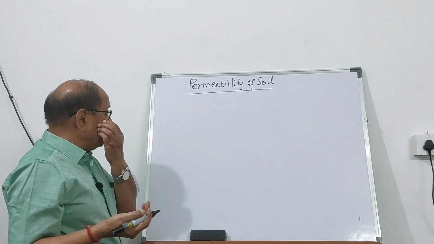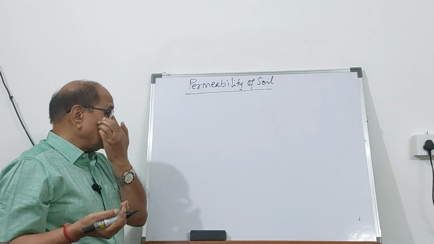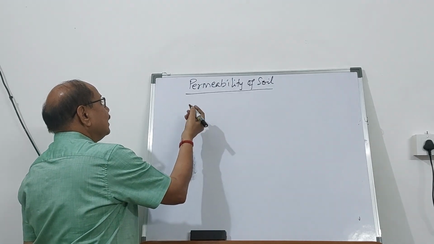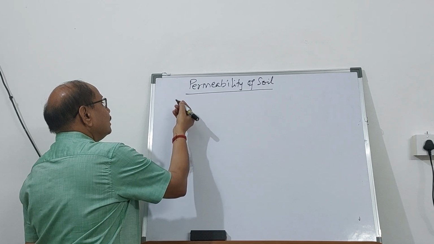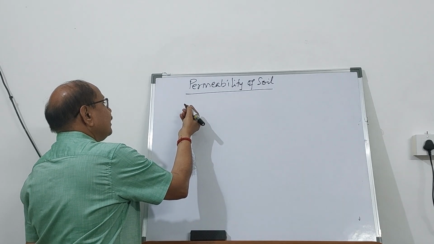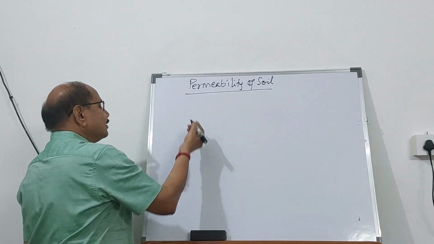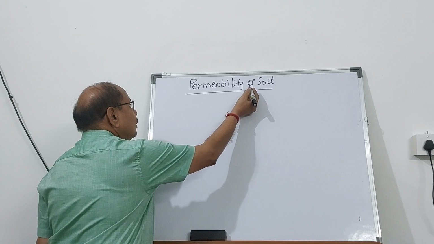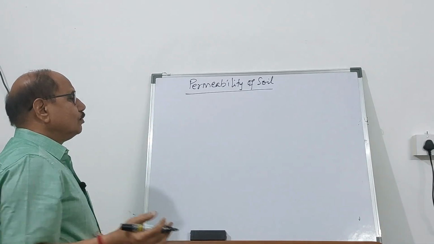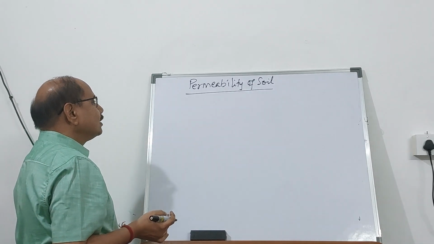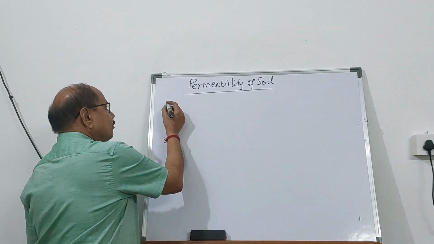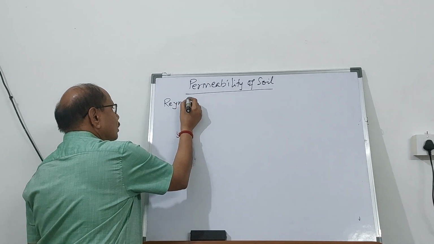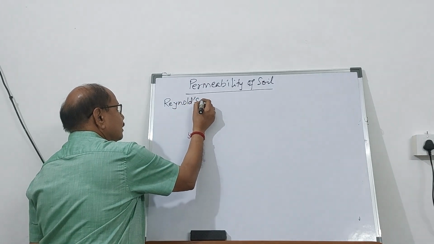So the permeability of soil is very, very important, and it depends upon the permeability, that is the water that is going to pass through the soil mass, will depend upon the permeability, and also it depends upon Reynolds number.